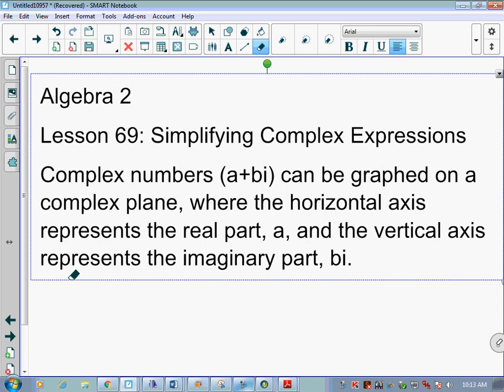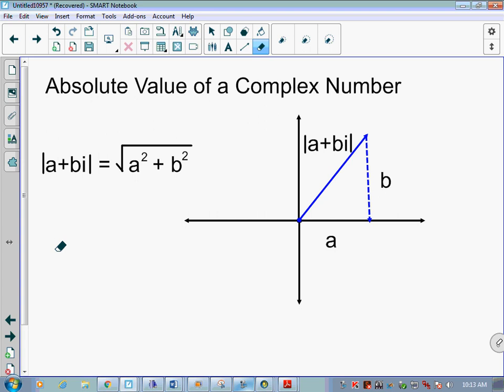Complex numbers we've seen in the form of a + bi. These can be graphed on a complex plane, where the horizontal axis represents the real part, or the a, and the vertical, that up and down movement, is represented by the imaginary part, which is b times i. We see a visual of it here. The absolute value of a + bi is equal to the square root of a squared plus b squared.